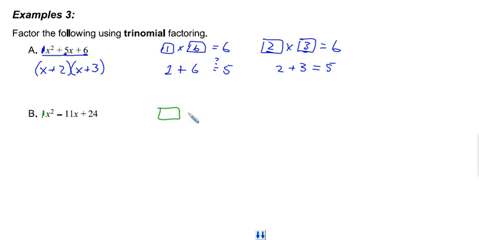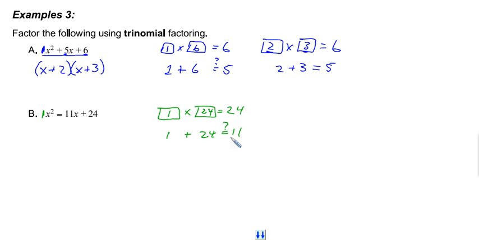I want to know what two numbers will multiply to give me 24, but that will add together to give me negative 11. So anyway, I'm just going to play dumb here and say, okay, I'm going to try 1 times 24. Does 1 plus 24 equal 11?